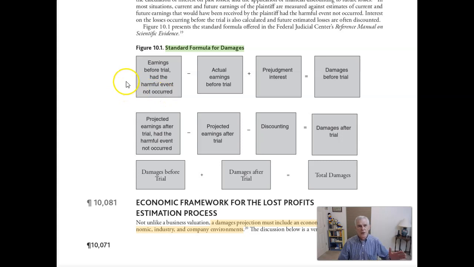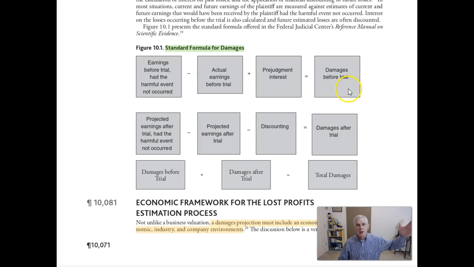Again, you're after the time the damage took place, the action that caused the damage. So between that time and when trial is, you compare what the earnings were before trial. Had the harmful event not occurred, what would they have been? Take away actual earnings before the trial, plus prejudgment interest, and those are damages up to the point of trial.